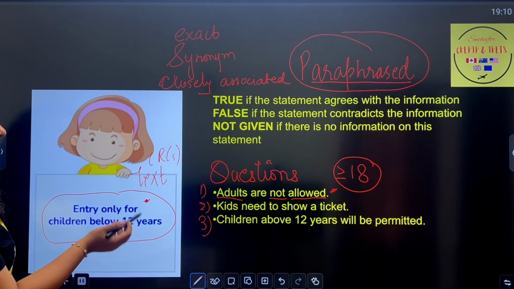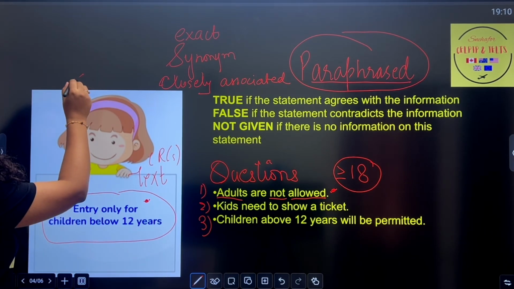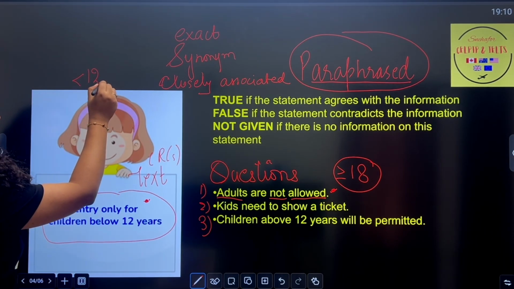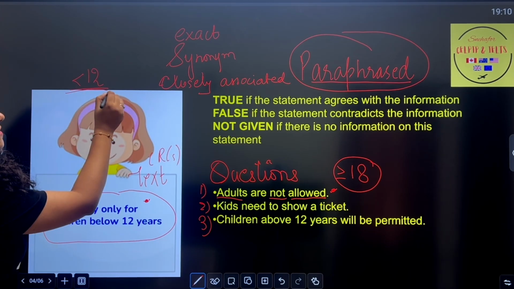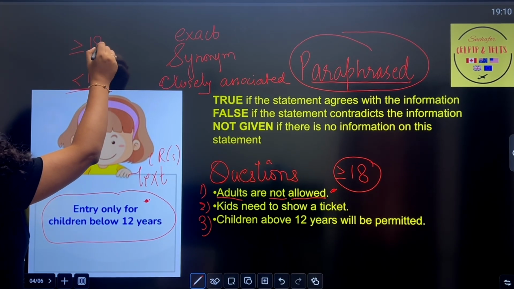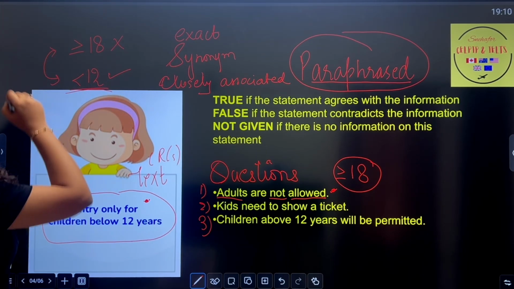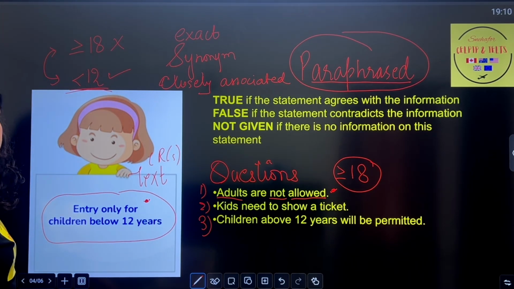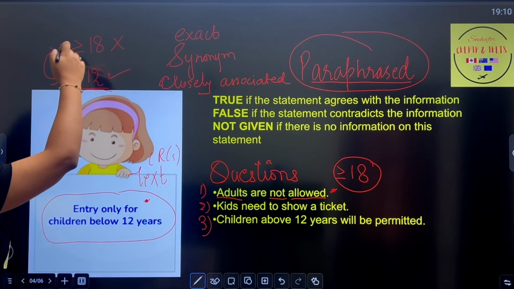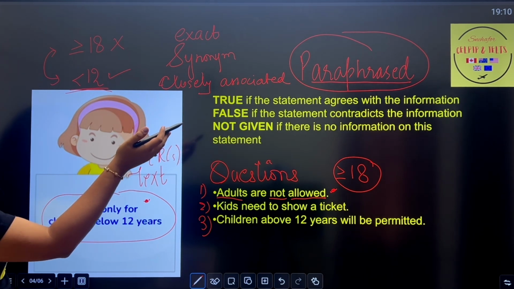It means the person who can enter should be less than 12 years. So if I say only less than 12 years, or if I say more than 18 years are not allowed, aren't these two the same thing? Only those allowed that are under 12 years, those are not allowed who are 18 or above, right?